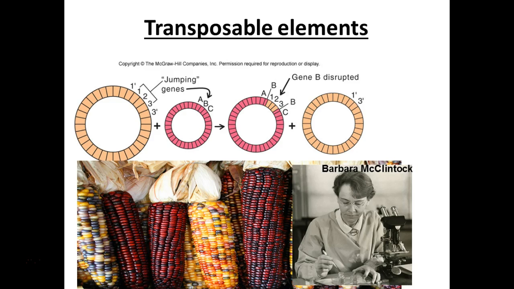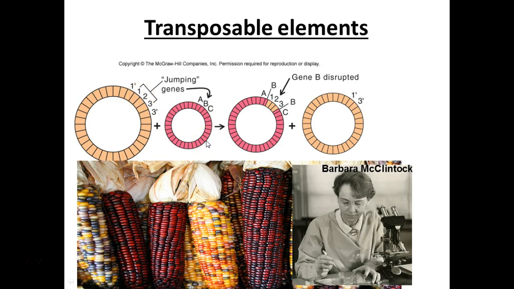The problem is when they moved from one section to another, they didn't just insert themselves in between two genes. Sometimes they literally jumped into another gene and disrupted that gene. So that's what I'm trying to show you in this picture. Say this is the chromosome, because it's bigger, right? And here's a plasmid.